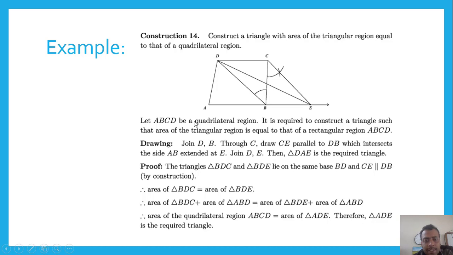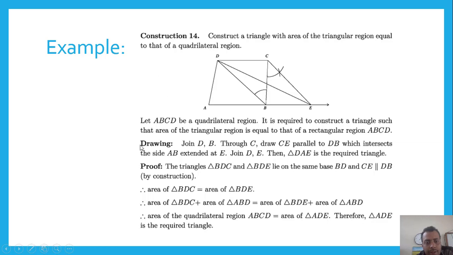Here, let ABCD be a quadrilateral region. We have to consider that something is given. This given thing is actually called data. And in the drawing part, there is a part named drawing. We are told to join DB, through C draw CE parallel to DB, which intersects the side AB extended at E. These are the steps by which we can solve this problem.